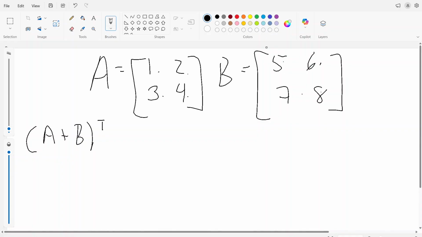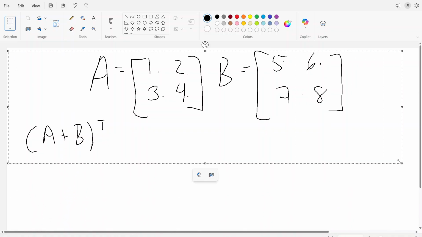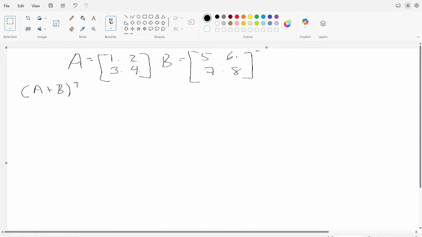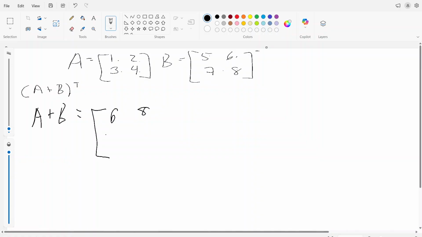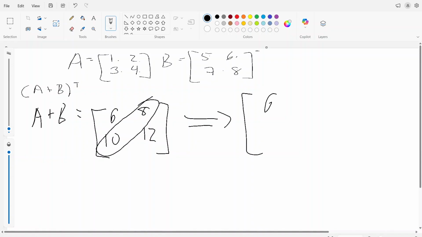So A + B will become [6, 8; 10, 12]. Step 2 is the transpose, where we swap the 8 and the 10, the off-diagonals. So the final answer is [6, 10; 8, 12].